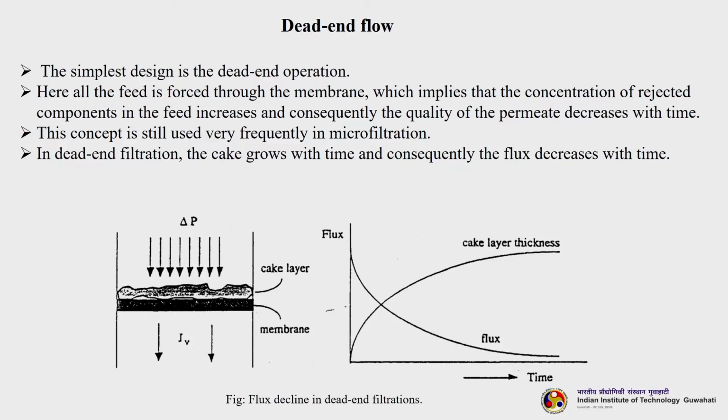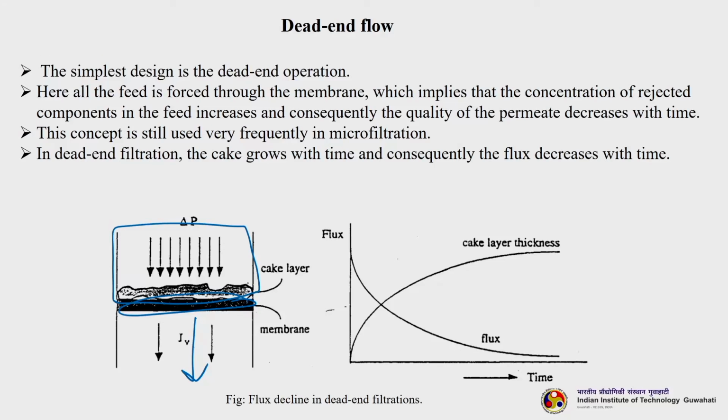So, usually it is batch type, and you can see how the flow is occurring here. This is a module which is holding the membrane. The feed is transferred to the module, the module is closed, and then we apply pressure from the top side. So, the permeate is coming out here, however, the retentate is getting retained on the surface of the membrane. So, in dead end filtration the cake grows with time.